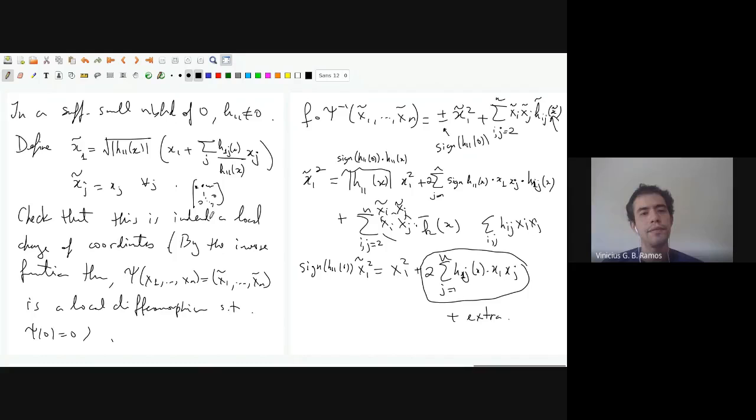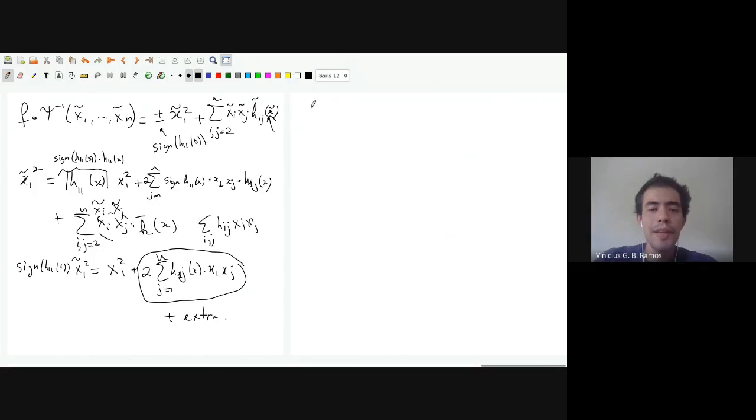And then when you do the next iteration, you do exactly the same process: now you keep x1, you keep all the variables x3 to xn, and then for x2, you do the same thing to get rid of the terms in this quadratic sum where either i or j equals 2.